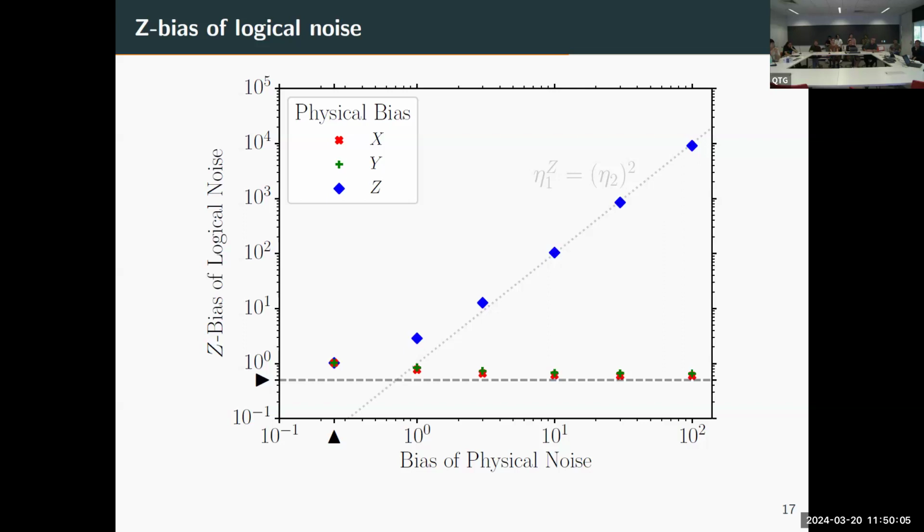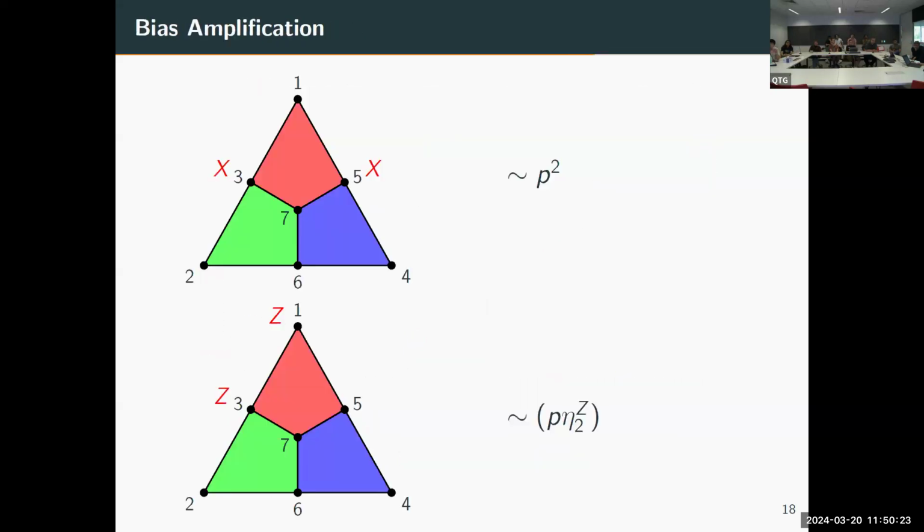So you're saying if a single Z error is slightly more likely than a Y or an X, then a pair of Z errors is a lot more likely than a pair of Ys or a pair of Xs. Yeah, or even than an X with a... yeah. Essentially that's what causes this kind of scaling. Oh yeah, I forgot.